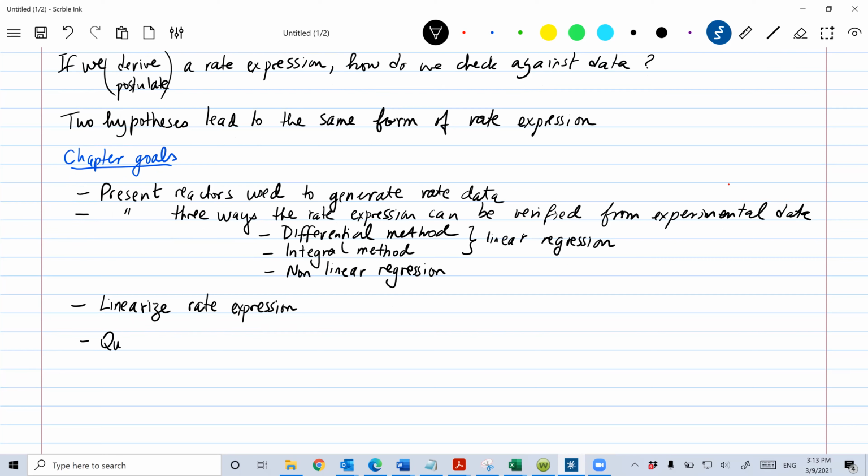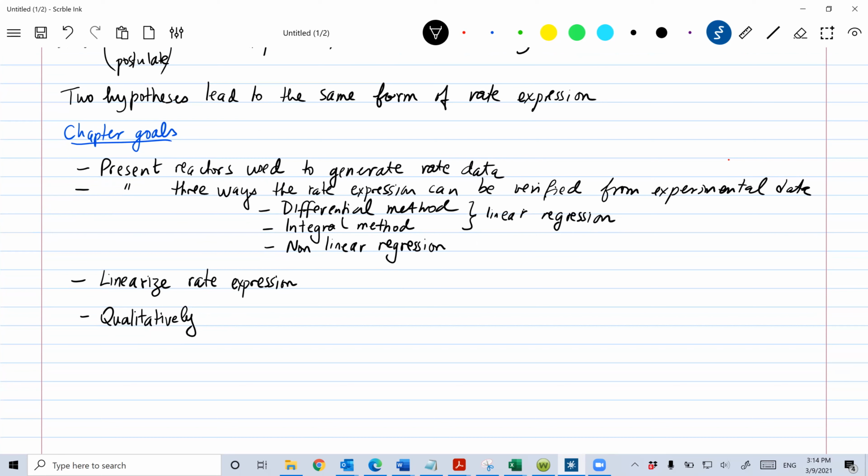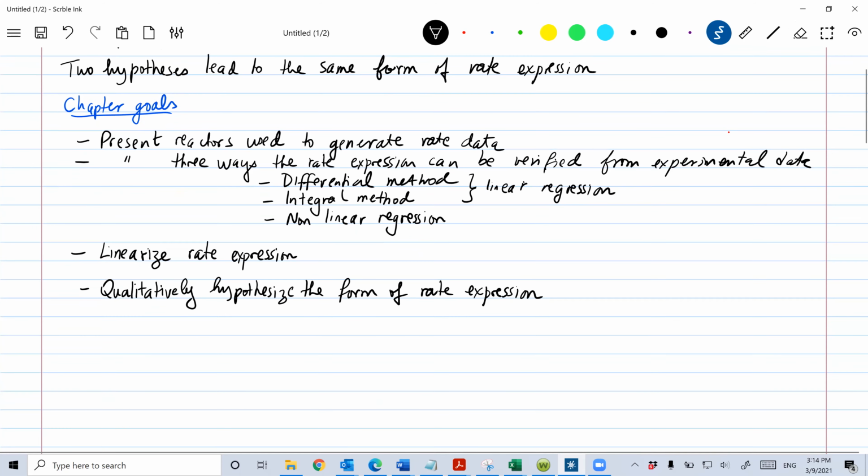One other thing we'll do is qualitative. This is not in the book, but it's important: hypothesize the form of the rate expression. So you're looking at the data. Can you sort of guess what the rate expression looks like?